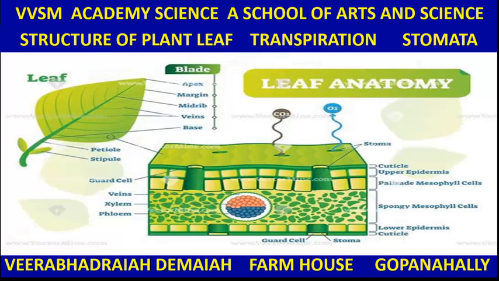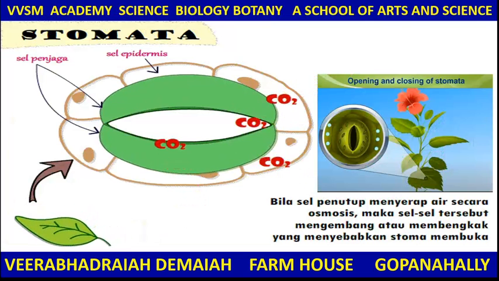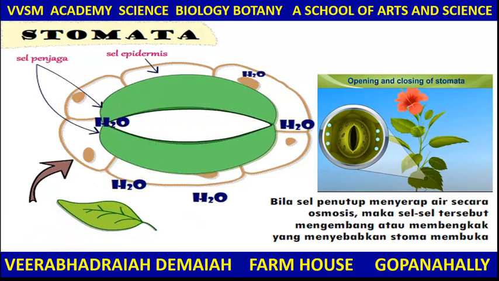Well, as far as leaf anatomy is concerned, there are the cuticle, upper epidermis, palisade, mesophyll cells and other things, guard cells, stomata and all. Well, in this one we come across stomata, guard cells, epidermis cells.